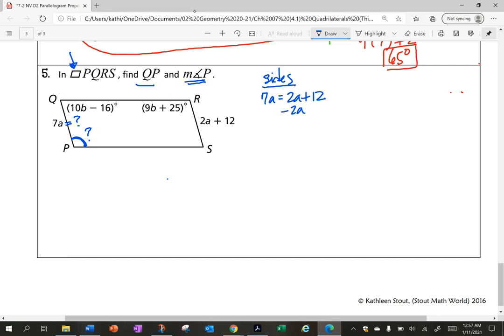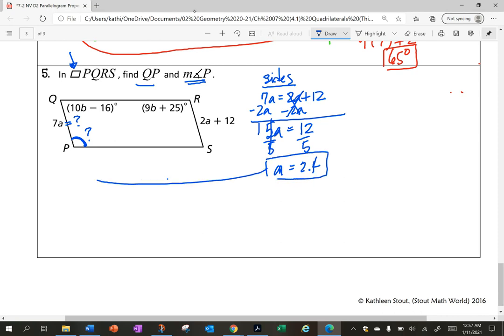So I'm going to subtract 2a from both sides. So I get 5a equals 12. Divide both sides by 5. And I get a equals 2.4. So now that I know what a is, I can go substitute.